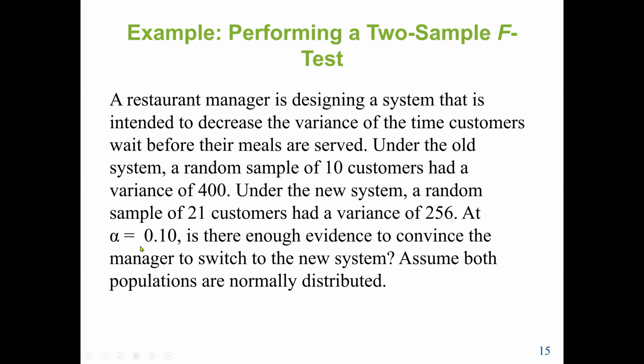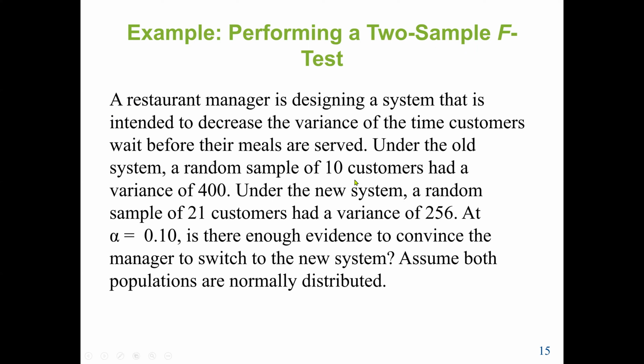So by going through the steps for the hypothesis testing for comparing two variances from two different populations, we can see that this question meets all our conditions. Again, the restaurant manager is designing a system that is intended to decrease the variance of time customers wait before their meals are served.